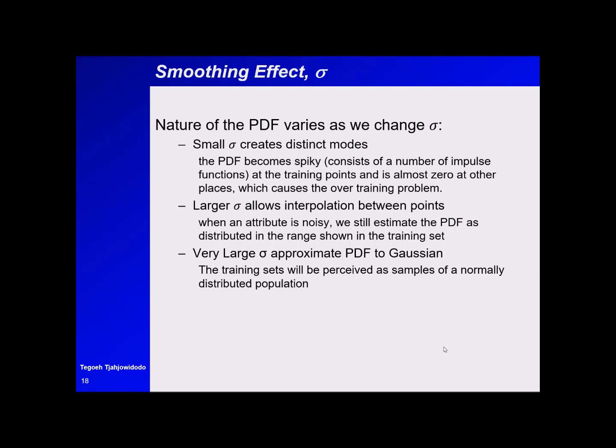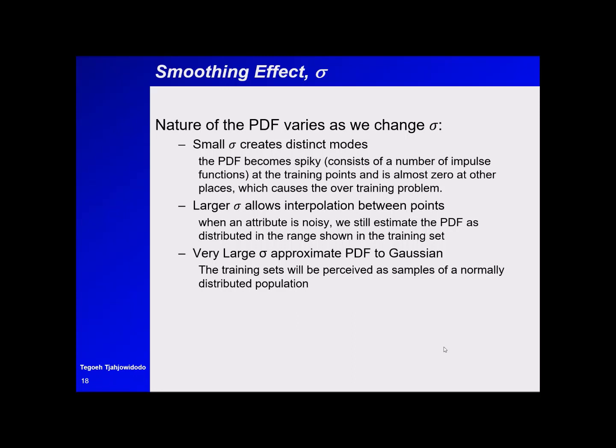You will have difficulty classifying the new individual, because you might end up with all zero probabilities and you cannot deduce anything from that. On the other hand, if sigma is too large, then you will just approximate the population PDF to be normally distributed, to be Gaussian. And then the beauty of PNN, you will not get it anymore.